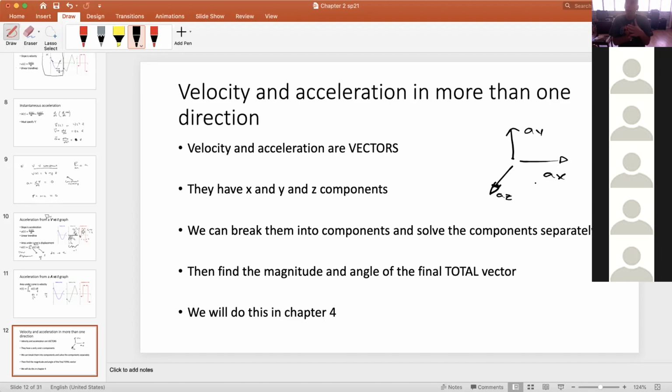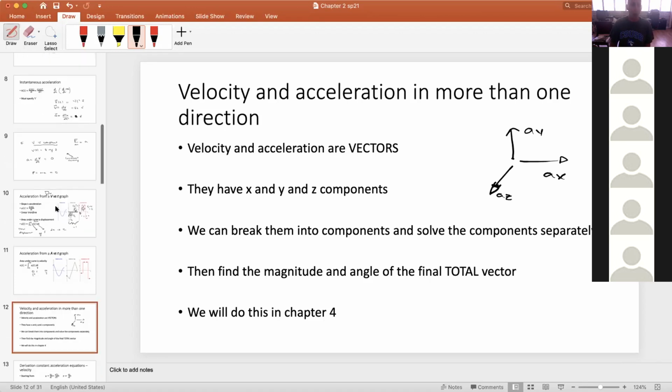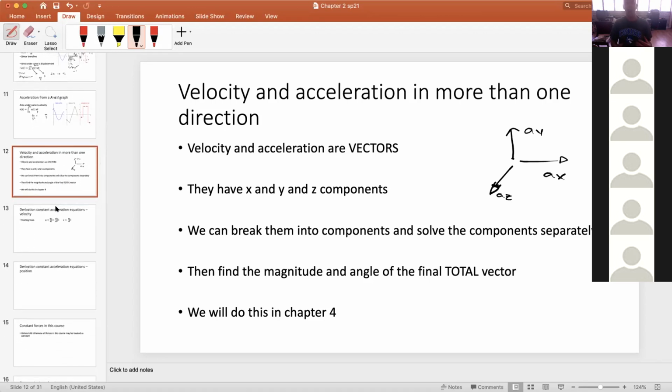And then put them back together like any vector, right? So we can find how the velocity is changing due to a force, due to the acceleration from a force in the y direction, and then put it all back together. We don't have to solve three-dimensional equations. We just have to solve one dimension. It's really nice, and we're going to do it in chapter 4 when we do projectile motion. But it makes everything easy. So now we're going to learn how to do velocity and acceleration in one direction and a bunch of problems to do with those.